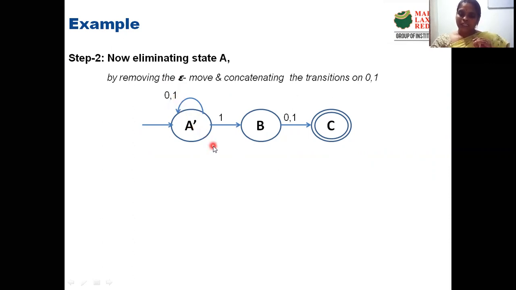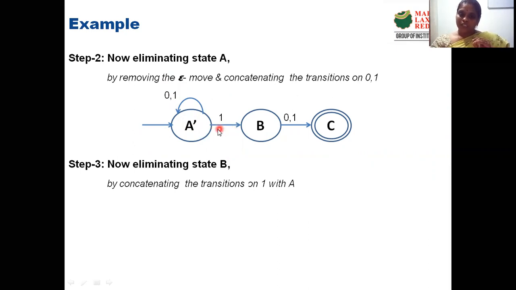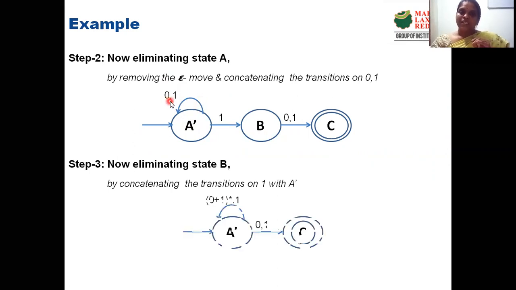Now eliminating state B here, by concatenating the transitions on 1 with A dash, it results in something like 0 plus 1 whole star, because this is a self loop. If you get a 0, you will be in state A dash, and if you get a 1 also, you will be in state A dash only.